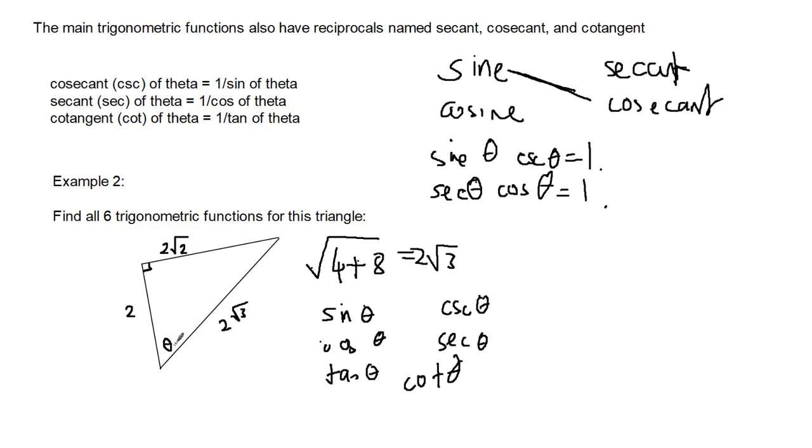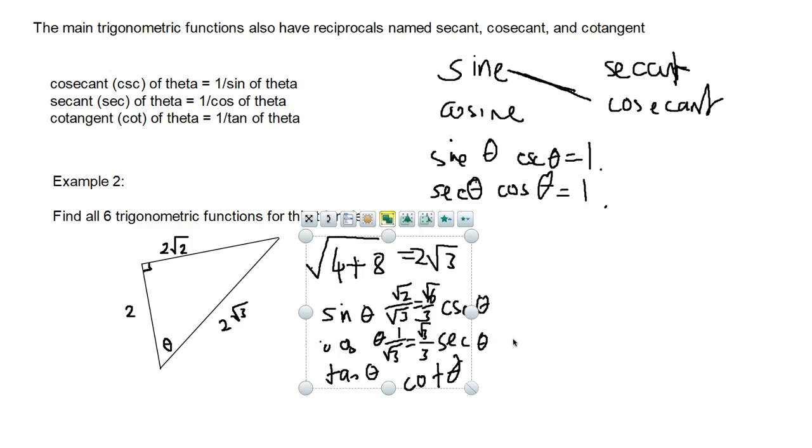So sine of theta is opposite over hypotenuse, which is square root of 2 over square root of 3, or rationalized, square root of 6 over 3. Cosine of theta is adjacent over hypotenuse, which is just 1 over square root of 3, or square root of 3 over 3.